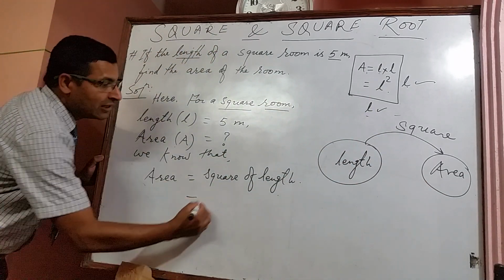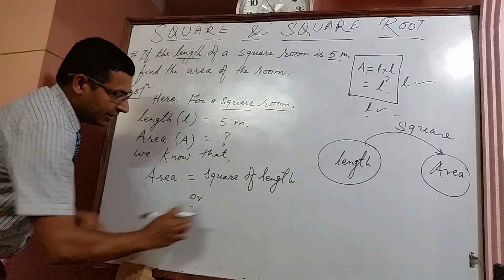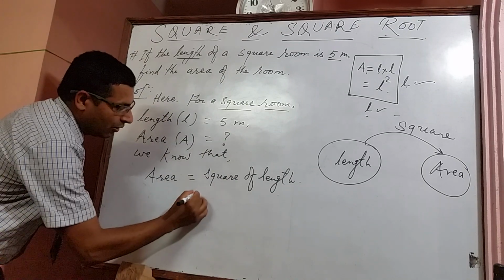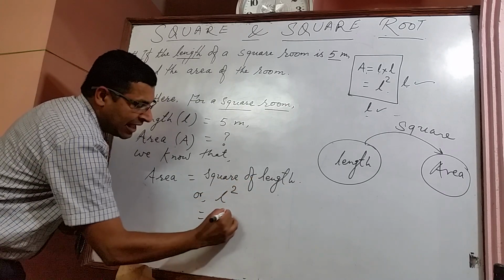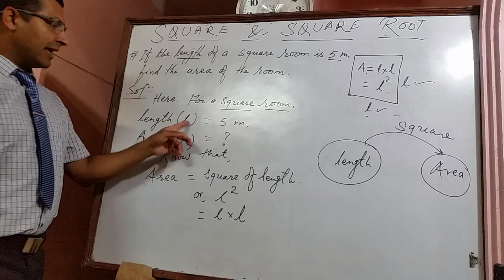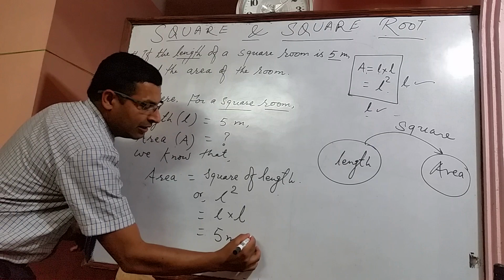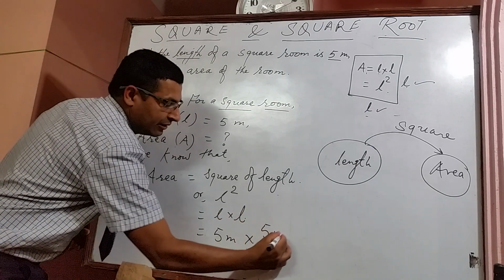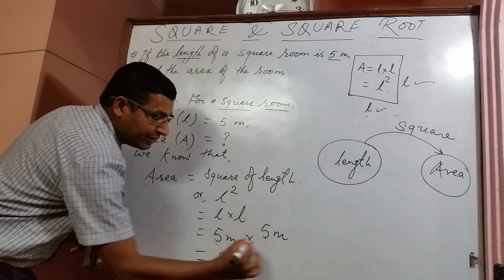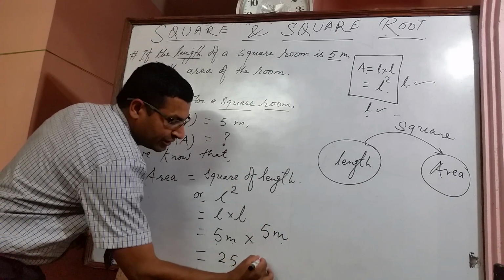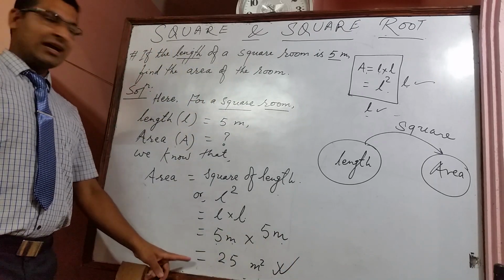So the square of the length, that is L square, or we can write L into L. And L means length. What is the value of length? 5 meters multiplied by 5 meters, so 5 fives are 25, and meter multiplied by meter gives meter square. And this is the area of that room.